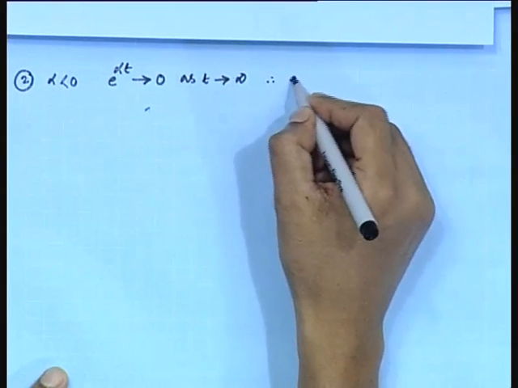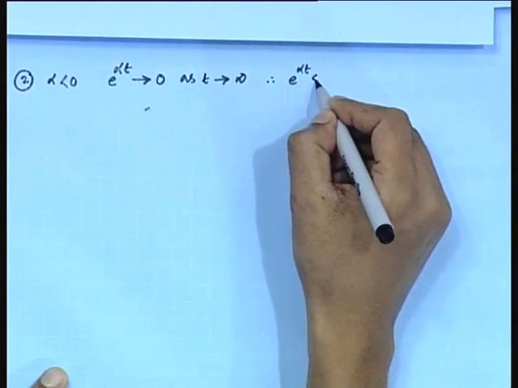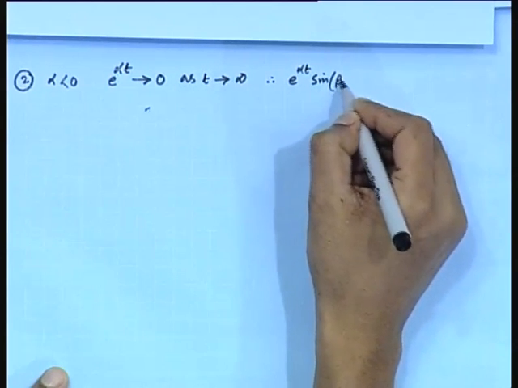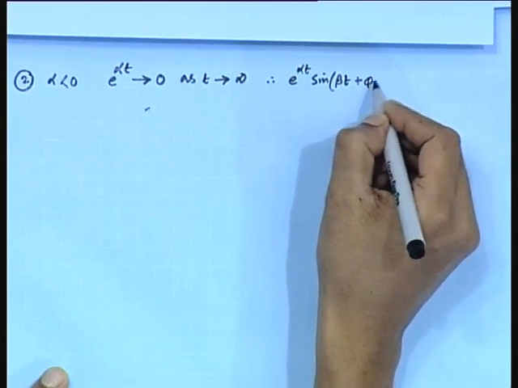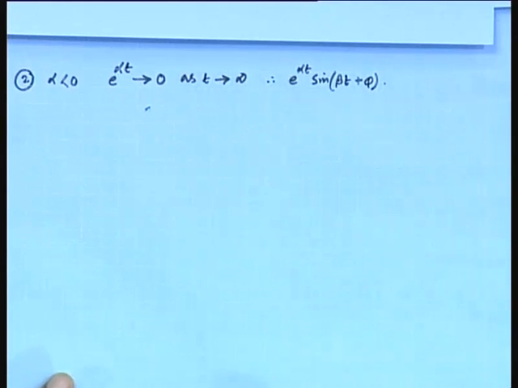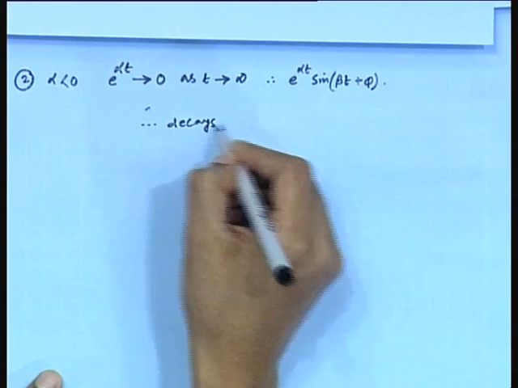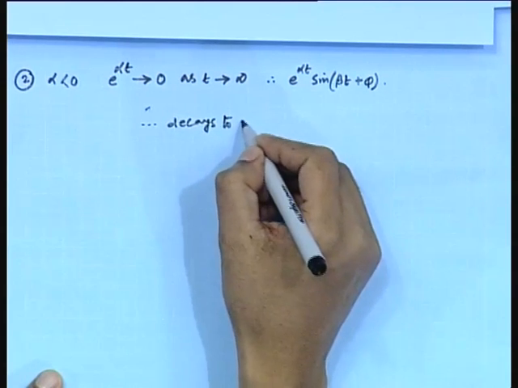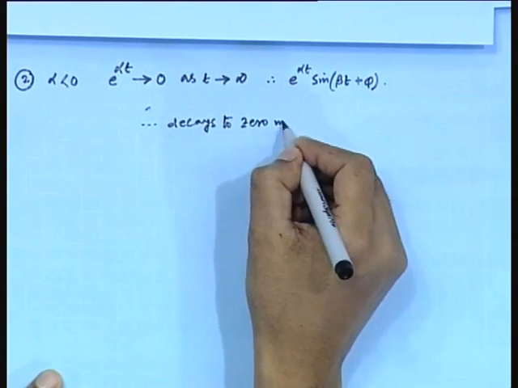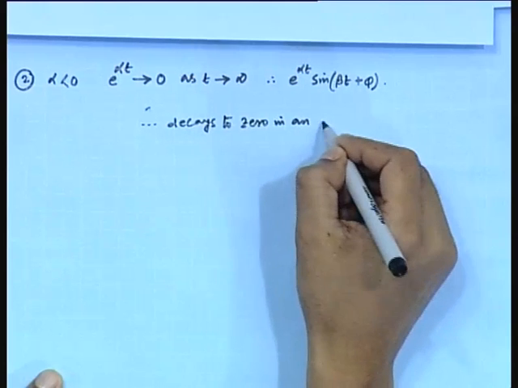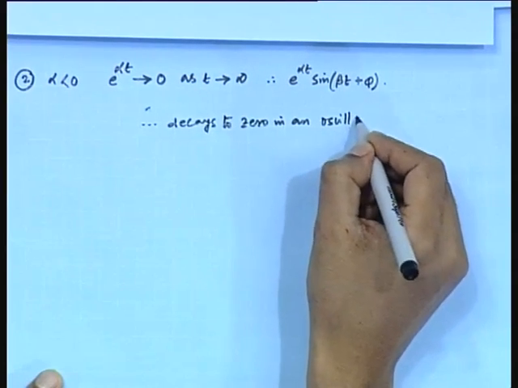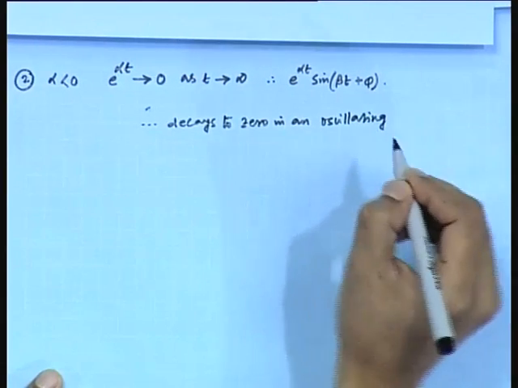So, exponential of alpha t sine beta t plus phi decays to 0 in an oscillating manner.